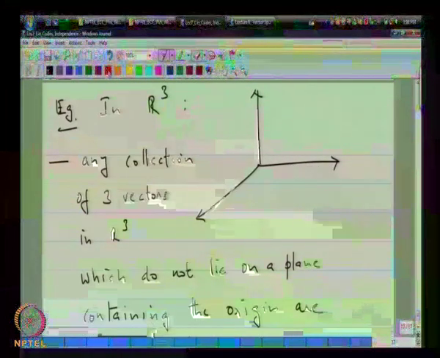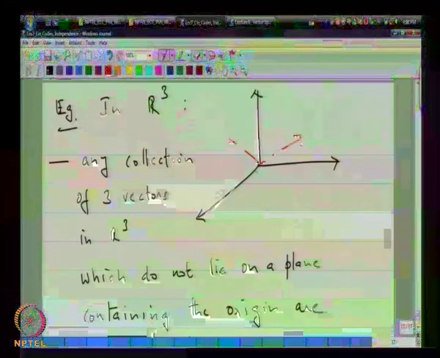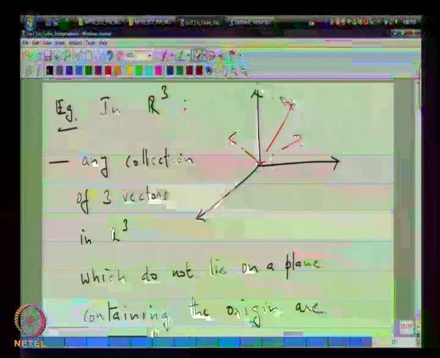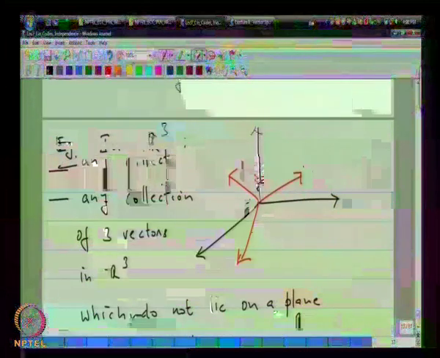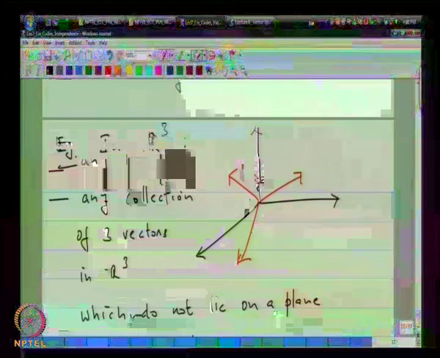Okay. So, I might for example take 3 vectors like this, and if I could ensure that there was no plane through the origin which contains these 3 vectors, then they are linearly independent.